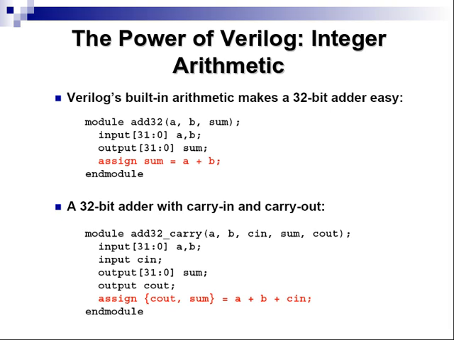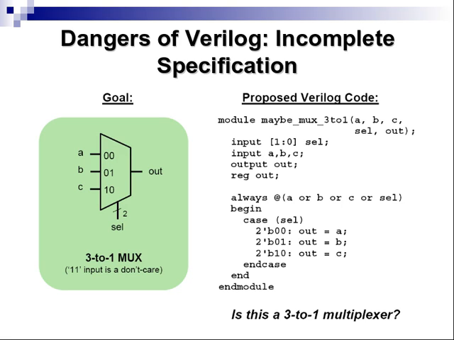So if we had an overflow in the sum, it will pass to the cout bit. Concatenation is very common in Verilog. This is one of the mistakes you can do in Verilog.